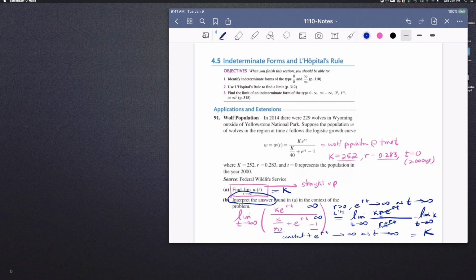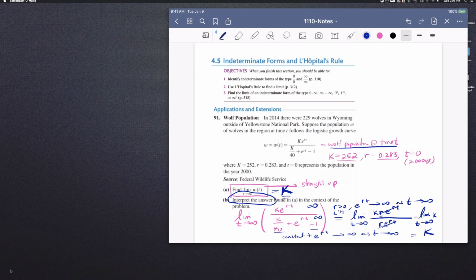This is where it's helpful to have some context behind the function. This is a wolf population as a function of time. As time keeps going on and on, we find that the wolf population doesn't continue to grow without bound, but it levels out and approaches some constant k.